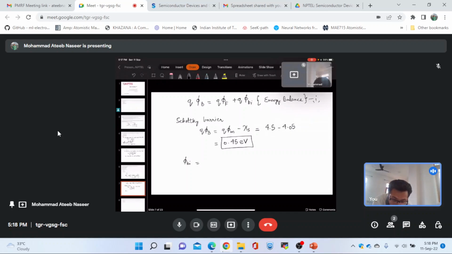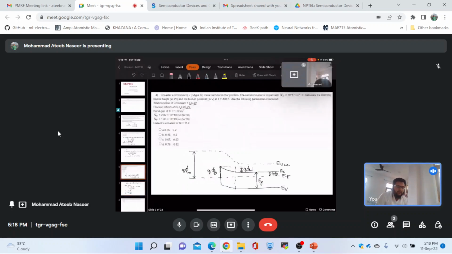Now let us find this φF. This φF will simply be equal to kT ln of Nc by Nd. This is what we have seen from the energy band diagram, that φF will simply be the ln of Nc by Nd.